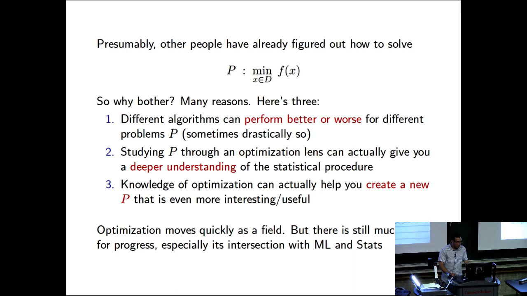Okay, moving on from that, studying optimization, taking an optimization view of a particular problem, can often lead to a deeper understanding of the statistical procedure underlying the problem. This is specific to machine learning.